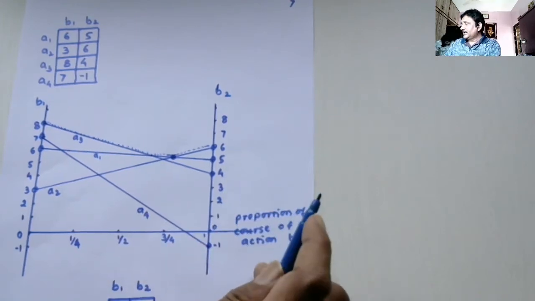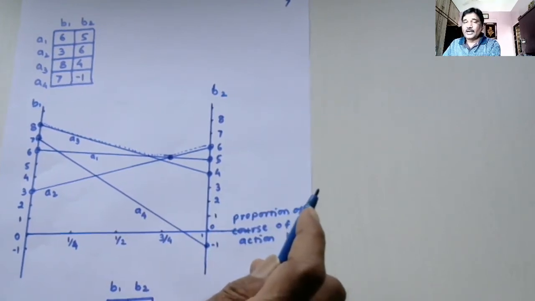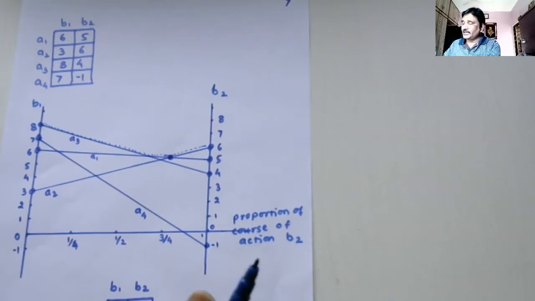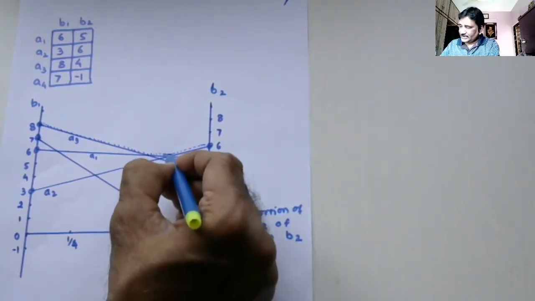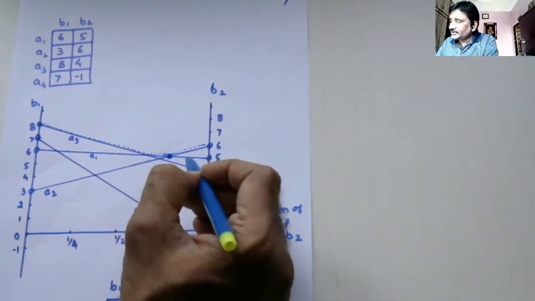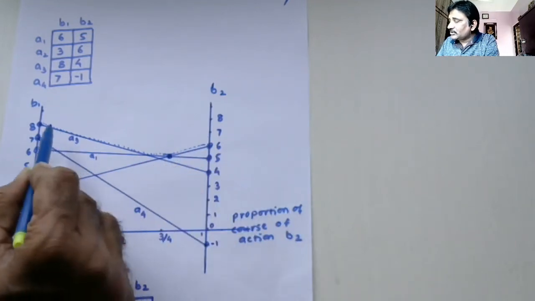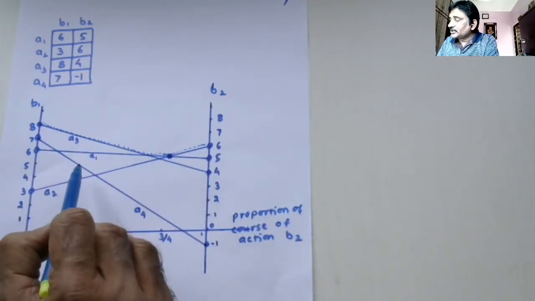Here player B is in command. Player B is changing the proportion of course of action B2. It will definitely settle at this point, and this point is the intersection of two lines.